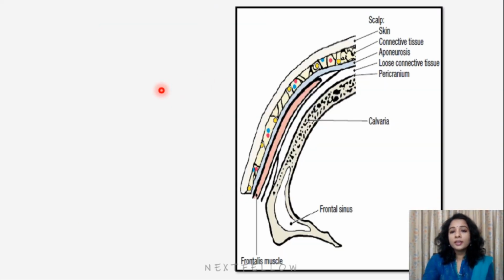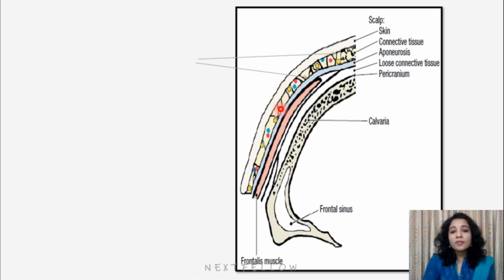Next, about the connective tissue. Here we can see this is a schematic image to understand the connective tissue. It is dense and it is nothing but the superficial fascia of the scalp. It is divided by dense fibrous tissue into septa.